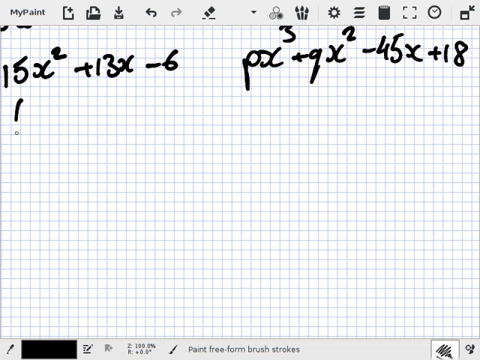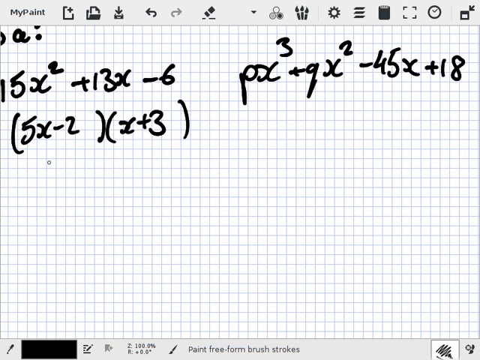I can factorize this: 5x minus 2, x plus 3. Are you sure? Yes, 100%, because your calculator told you. Okay, story checks out. So that means that 2/5 and minus 3 are roots.